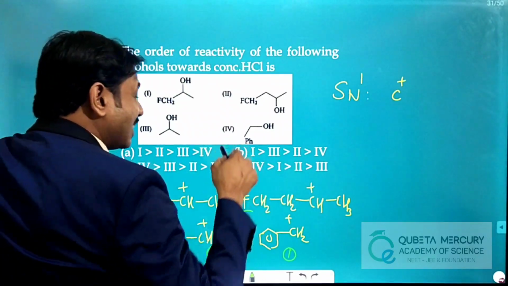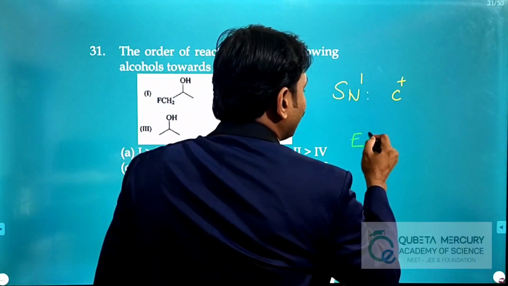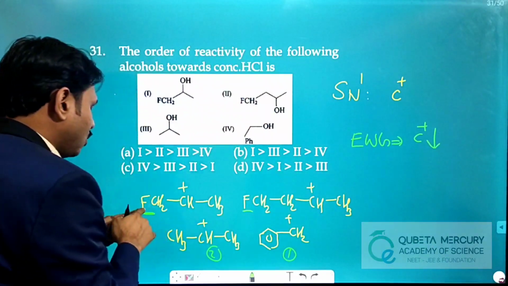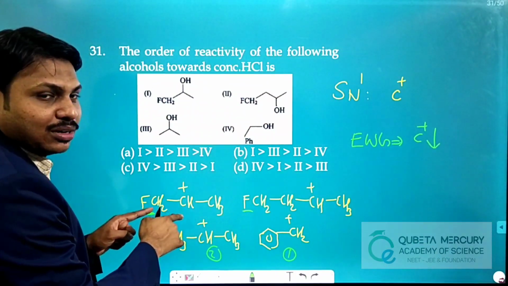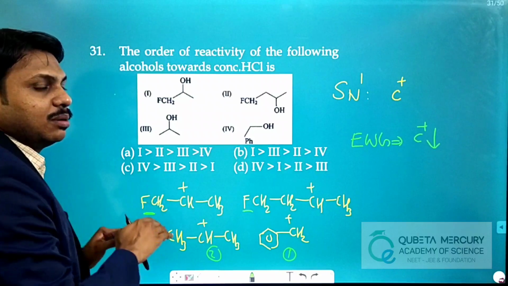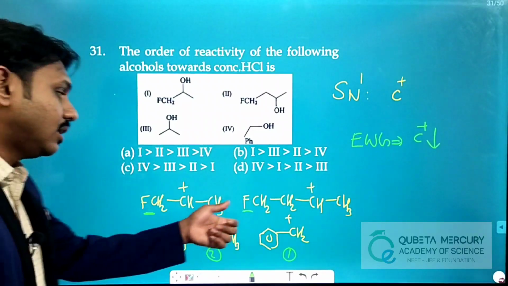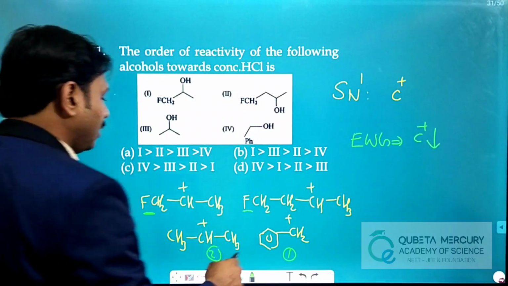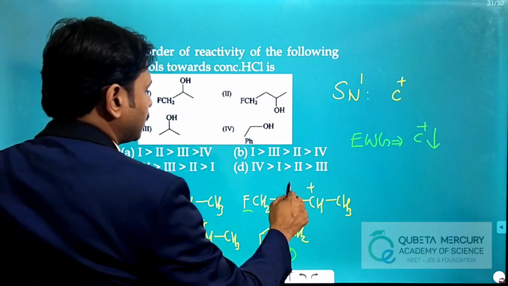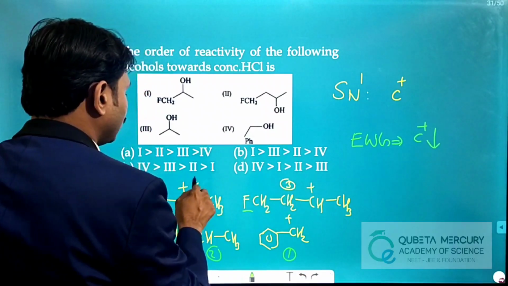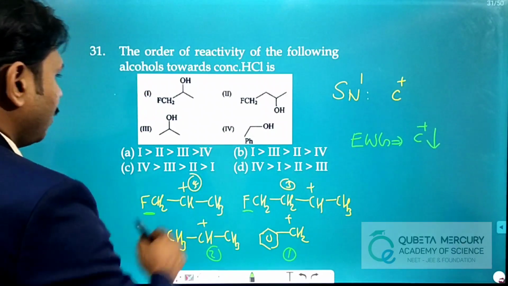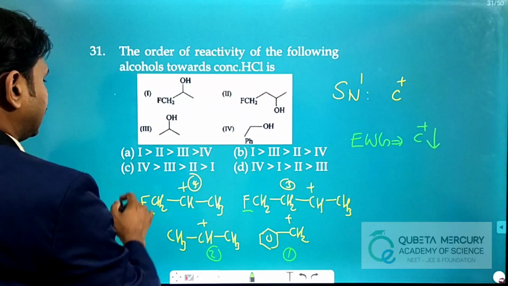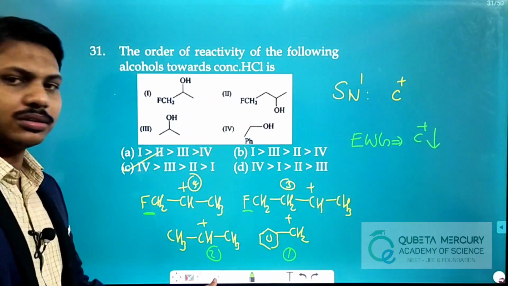As you know, the presence of an electron withdrawing group destabilizes the carbocation. Here the electron withdrawing group is close to the positively charged carbon, which decreases the stability. Here the decrease in stability will be less compared with the first one. So the total order will be 4, 3, 2, 1. What is the answer? C, 4, 3, 2, 1.